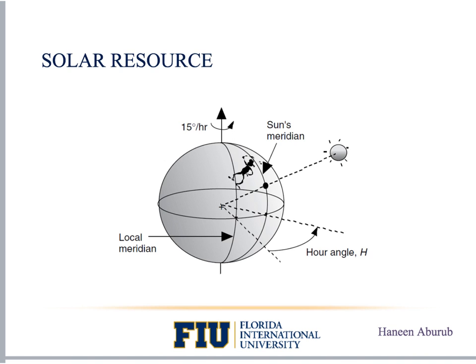So the difference between the local meridian and the sun's meridian is actually represented by the hour angle, with positive values occurring in the morning before the sun crosses the local meridian. Then after that the values will be negative. So if we assume that this here is the local meridian, and this is the sun meridian, then the difference between them represents the hour angle.